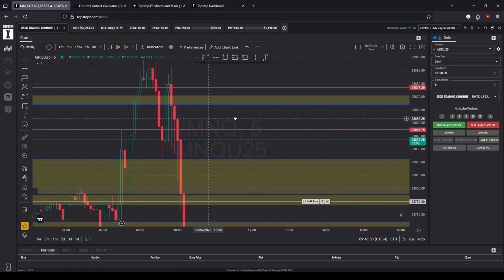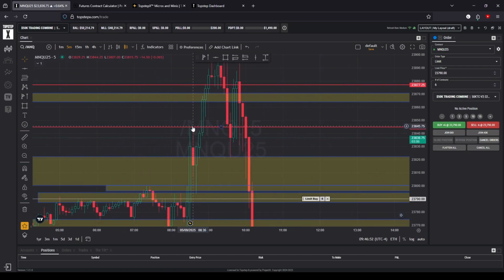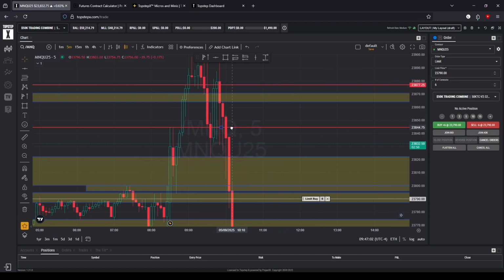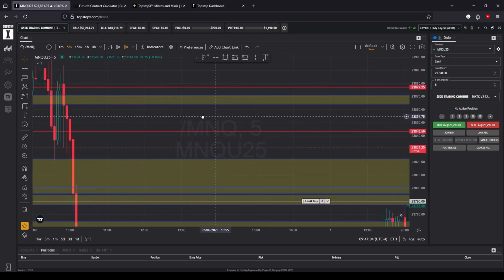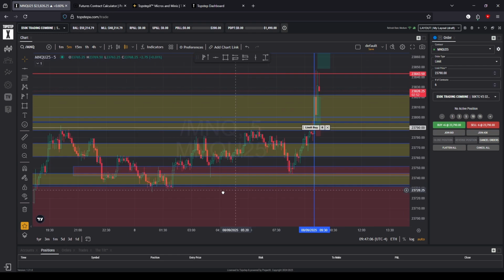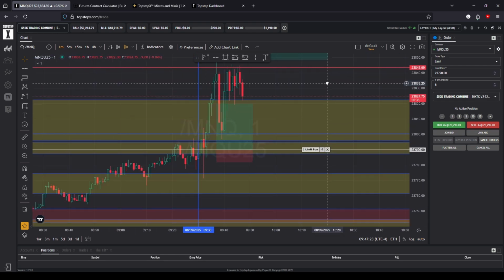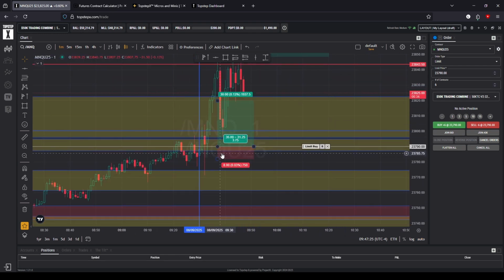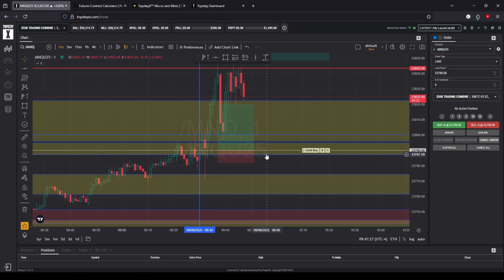Yeah, this is an area where it has gone to a few times, but it's a bit ran through over here. So I might use this as a take profit from my long if it goes through. I am really hoping that it does not break through this level here.